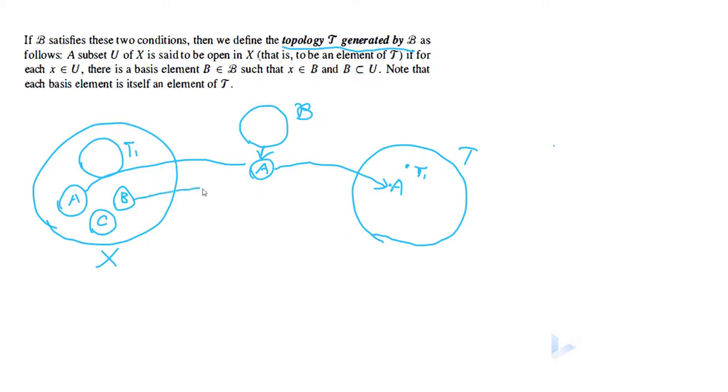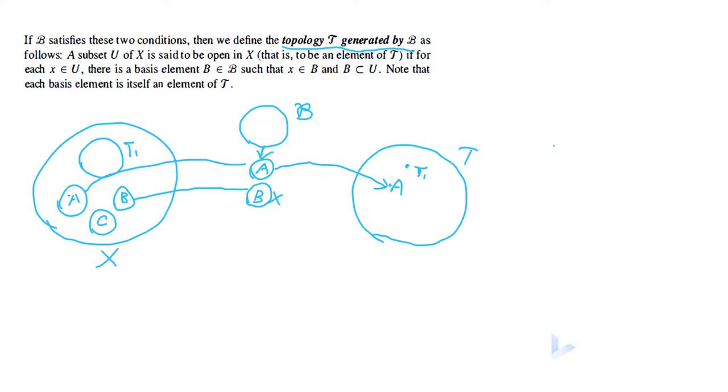For another set, for example B, we use this basis B to determine if it is open or not open. Then we find, according to the basis B, that B is not open. Then we will not put B inside this collection T. Then after we use the basis to judge all the subsets inside the set X, we can know which are the open sets and which are not.